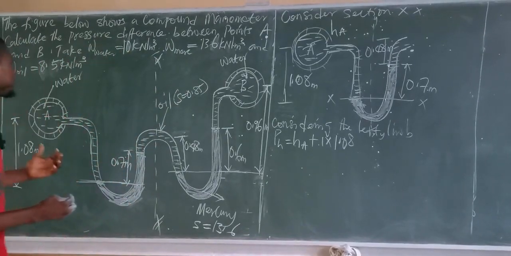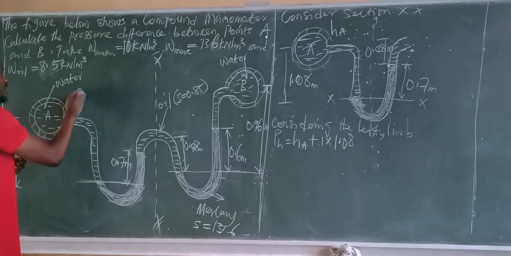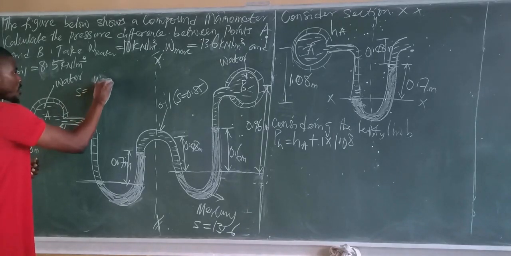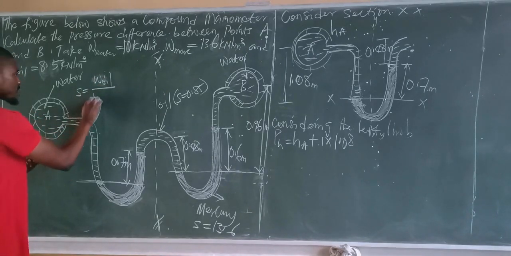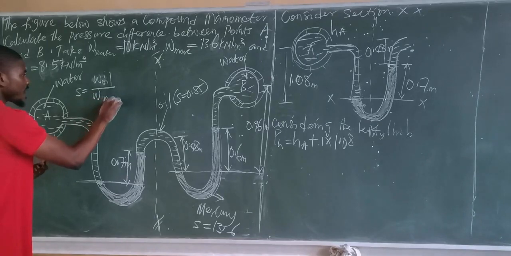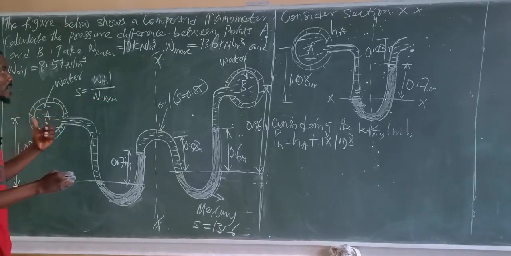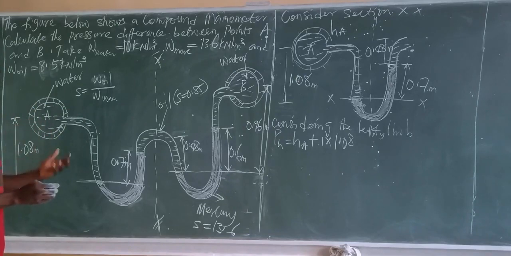For instance, let's use the specific weight of oil as 8.5. To find specific gravity simply means specific weight of the object over specific weight of pure water. So in this case, specific weight of oil all over specific weight of pure water, which is a constant value, 9810 newtons per meter cube.